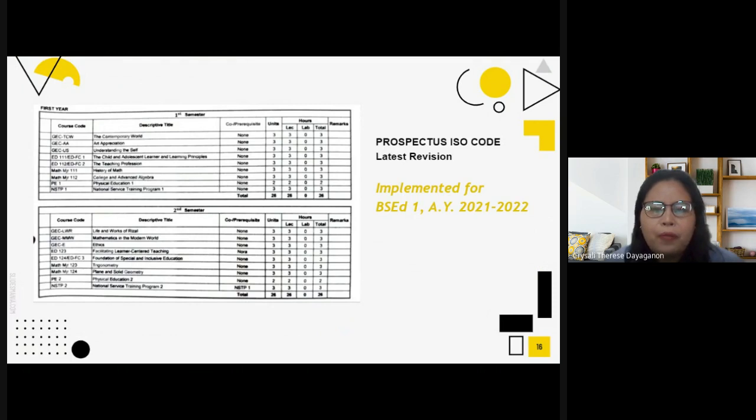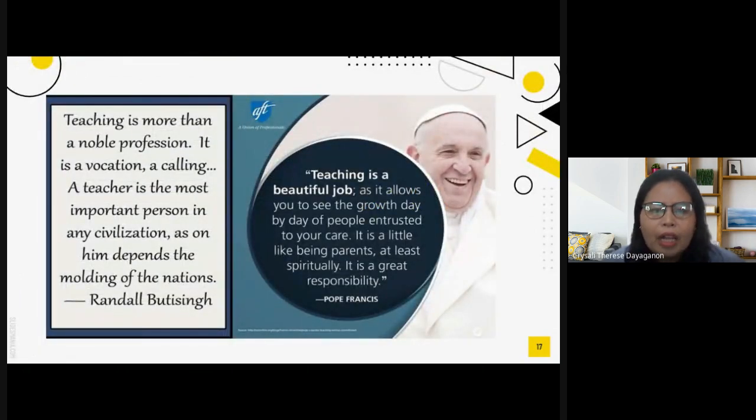But before anything else, let me share to you these quotes. According to Randall, teaching is more than a noble profession. It is a vocation, a calling. A teacher is the most important person in any civilization, as on him depends the molding of the nations.